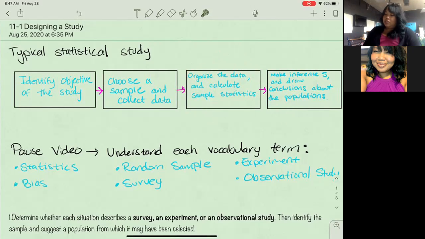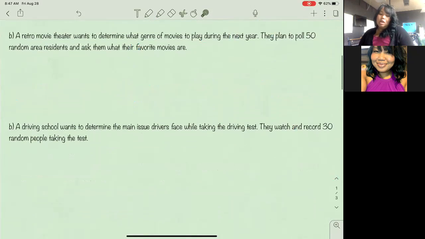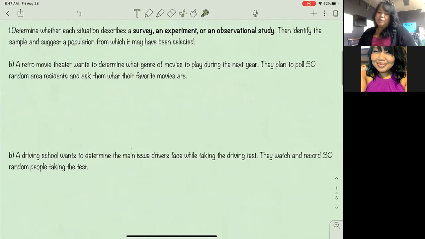Make sure that you pause the videos and do these specific vocabulary words to make sure you understand them. And that way we can proceed to our first problem. Determine whether each situation describes a survey, an experiment, or an observational study, then identify the sample and suggest the population from which it may have been selected.